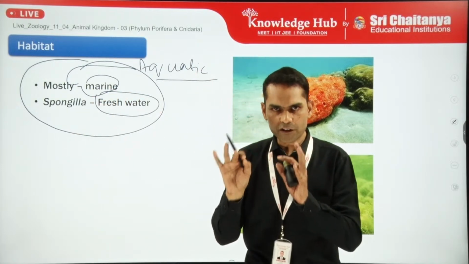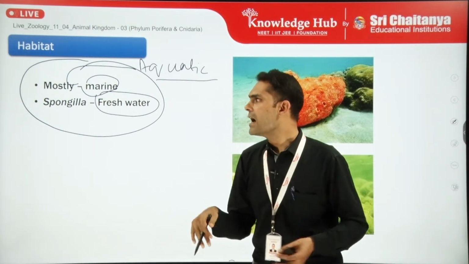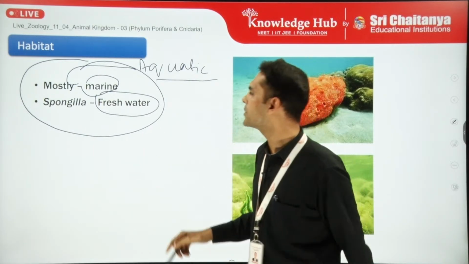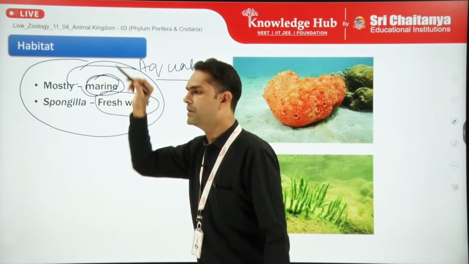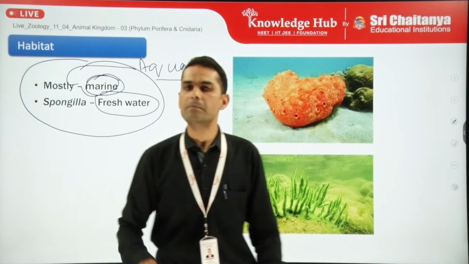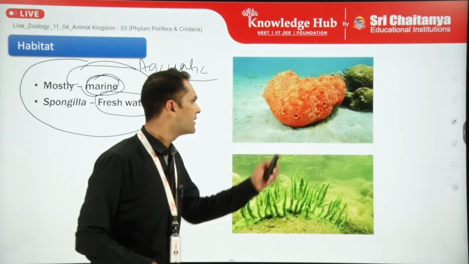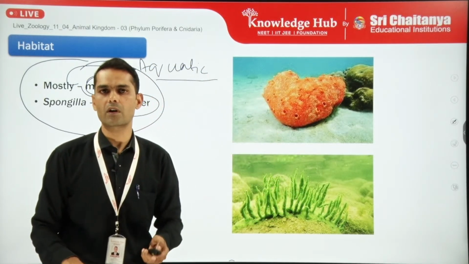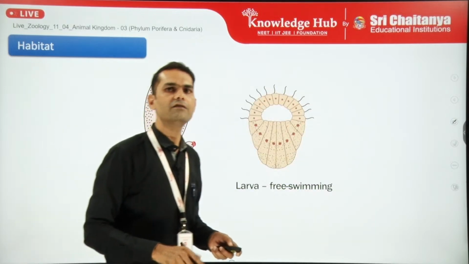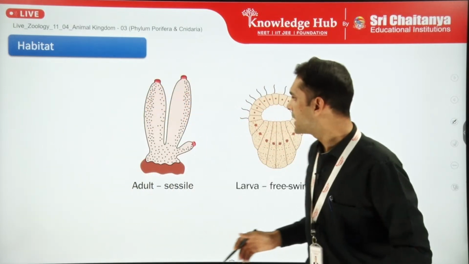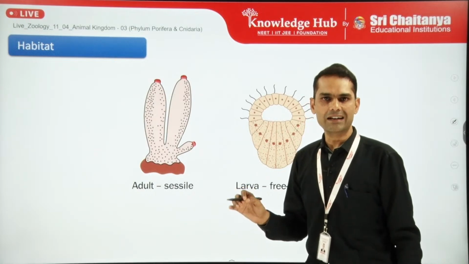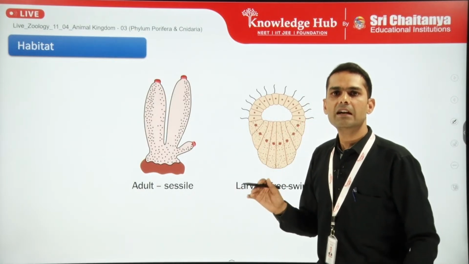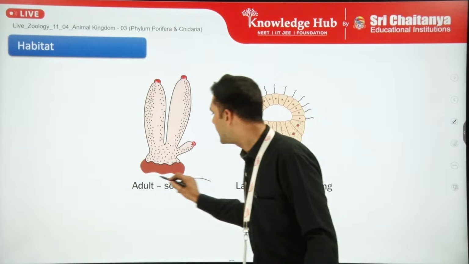The common name of Spongilla is the freshwater sponge, and most of the other Porifera come into the category of marine habitat. Okay, so you have to remember this exception. Here we can see that this is the marine example and this is Spongilla, the freshwater sponge example. Now, as we move further, we can see that these organisms are mostly sessile in nature.